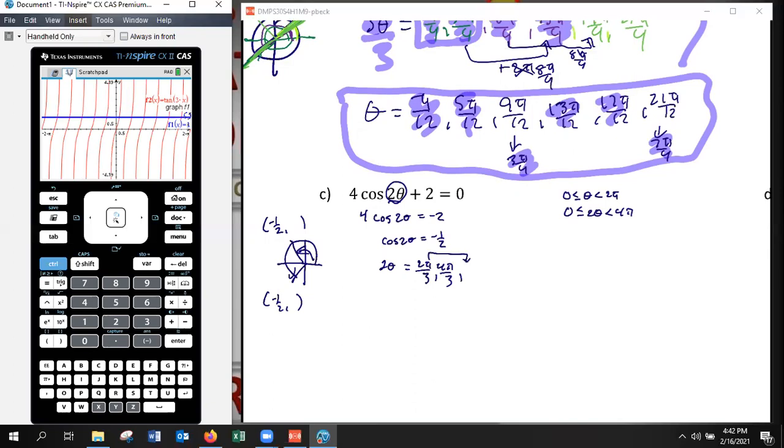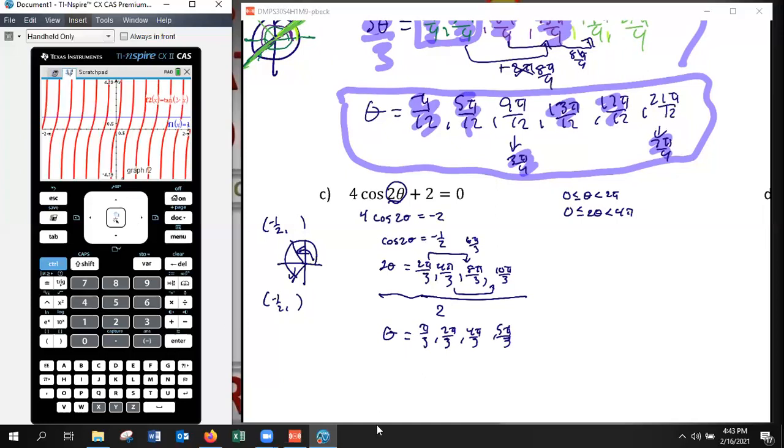If I add 2 pi to each one of these, and in this case 2 pi is 6 pi over 3, that would be 8 pi over 3, and if I add 2 pi here, that would be 10 pi over 3. So 2 theta is going to equal each one of those. Now when I'm dividing by 2, I now have theta is pi over 3, 2 pi over 3, 4 pi over 3, and 5 pi over 3. So I have these 4 solutions.